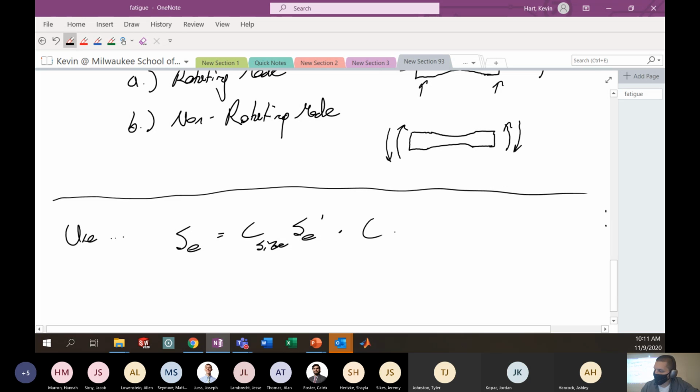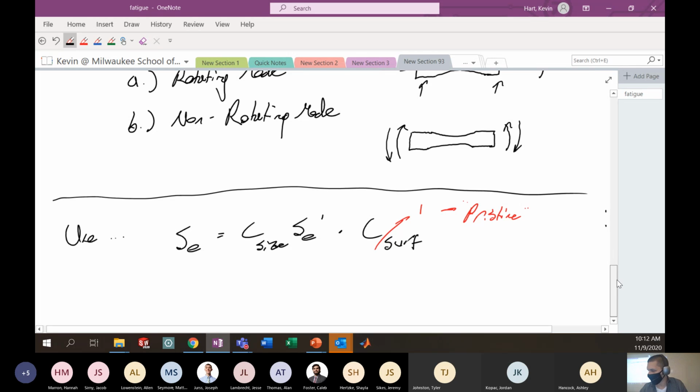We may also consider modifying for surface, but we're told in the problem that this is pristine, so this is going to be equal to 1 because this is pristine. So we're not going to modify at all for the surface because we're told in the problem that it has this pristine, highly polished surface where we don't have to worry as much about flaws occurring.